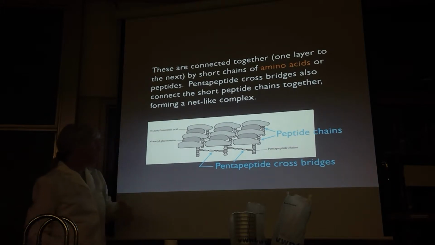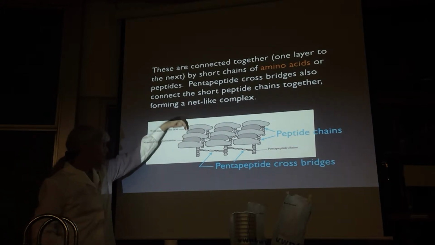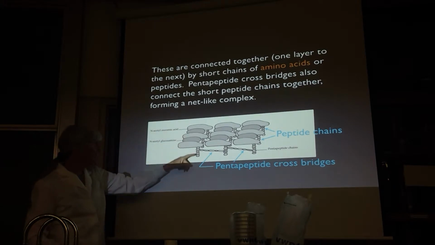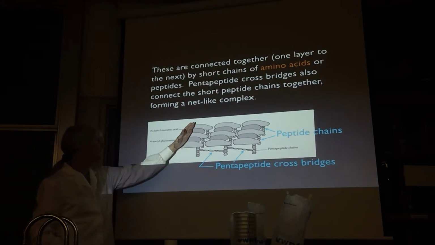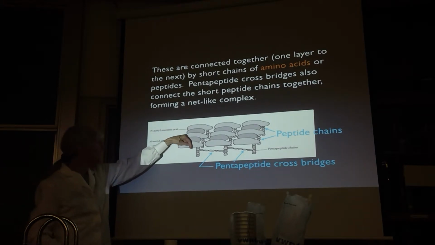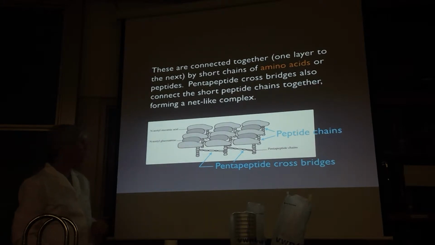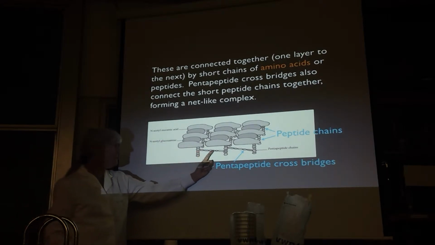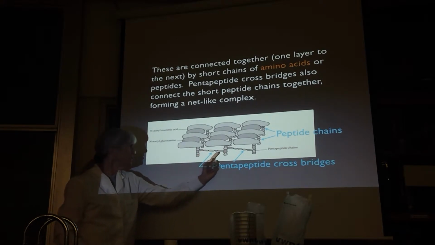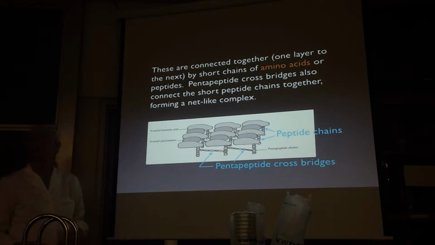So the chains of sugars are connected to the next layer by these short chains of amino acids. And then these are pentapeptide cross bridges connecting this chain of amino acids to this one so that it's holding this whole thing together.